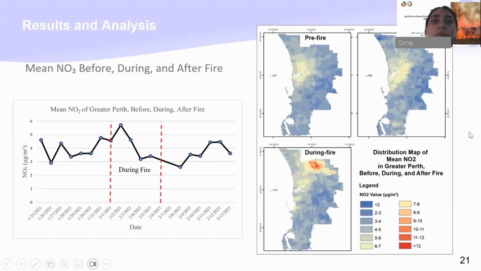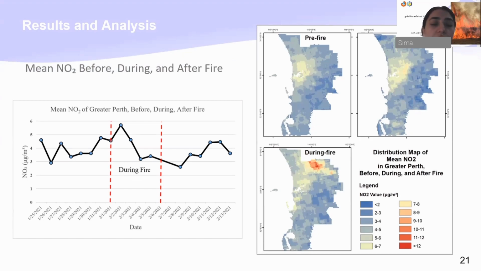After validating the model and applying it to images, a comprehensive spatiotemporal analysis was conducted for the grid pairs, focusing on mean and maximum nitrogen dioxide values over 3 periods: 7 days before the fire, 6 days during the fire, and 7 days after the fire.